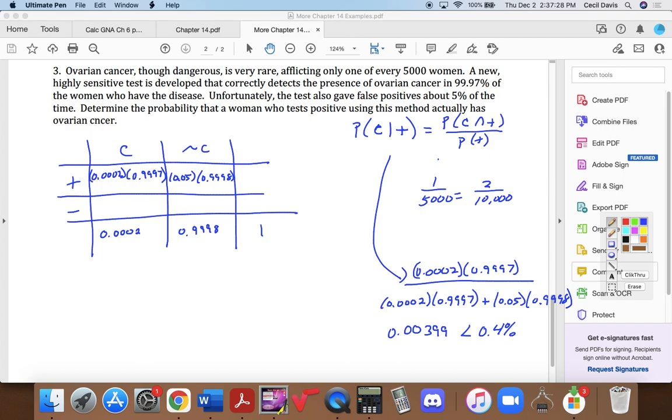No, I got what you got, 0.00398366668. That's close. So you can see, although this is really good at detecting ovarian cancer, it's not really good at telling you that it's not there when it's not there.